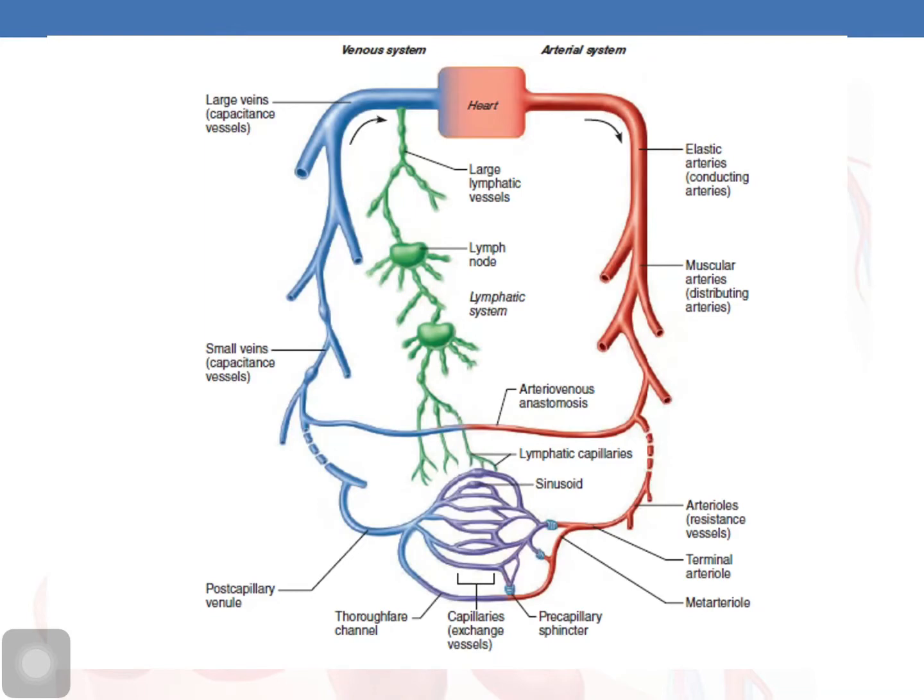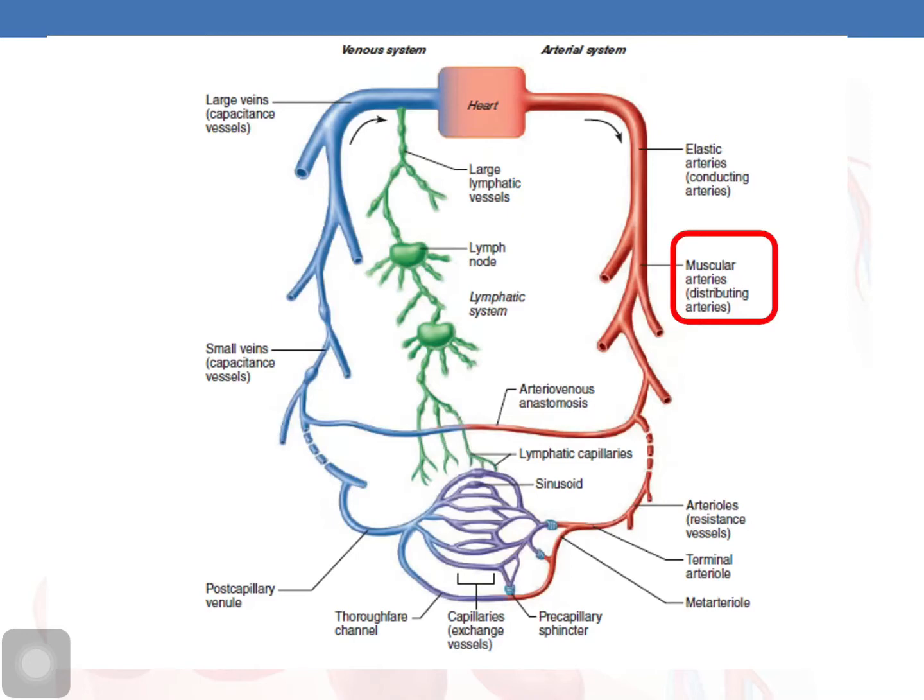Distally, the elastic arteries give way to the muscular arteries, which deliver blood to specific organs and tissues. That's why they are sometimes called distributing arteries. Proportionally, the muscular arteries have the thickest tunica media of all the blood vessels.